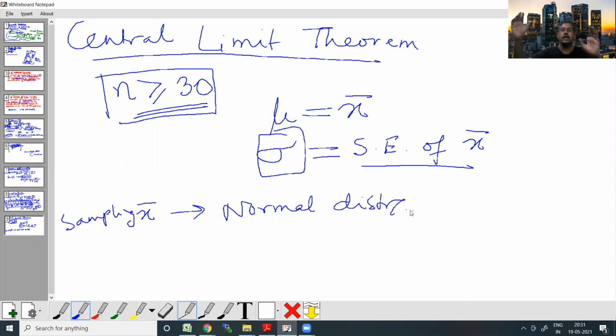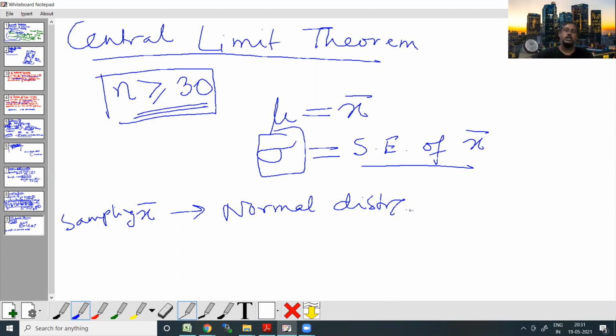So two things: the sample size is significant, greater than or equal to 30, and the sampling distribution is following a normal distribution. In that case, the population mean, which is the parameter, is equal to the sample mean, and the population standard deviation is equal to the standard error of the sampling distribution.